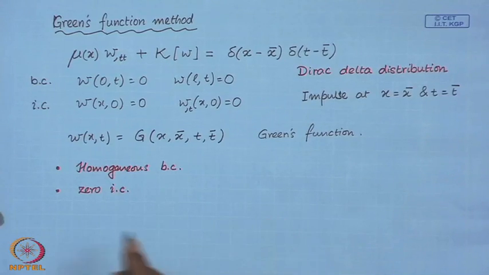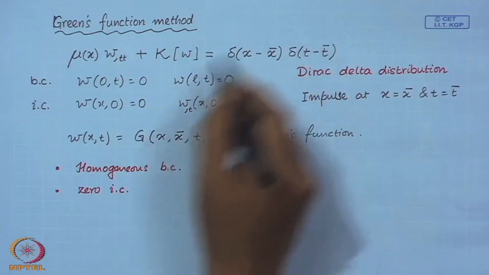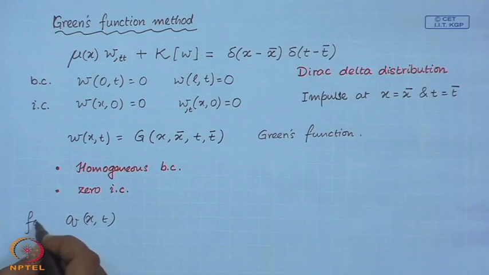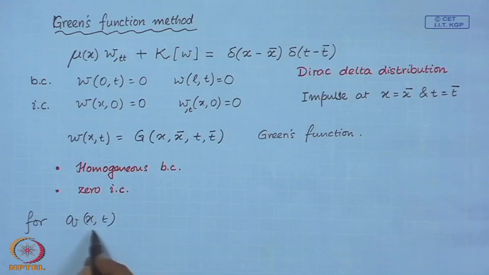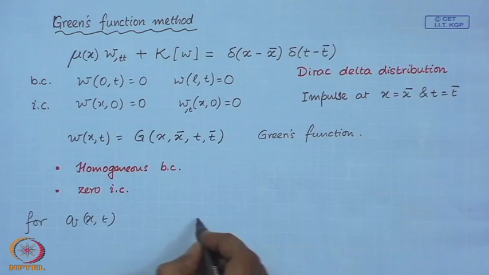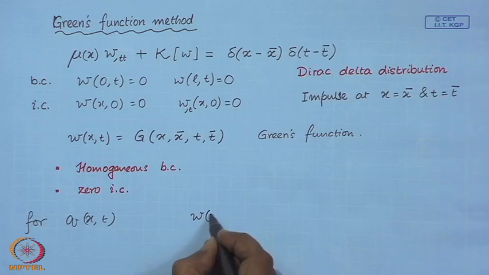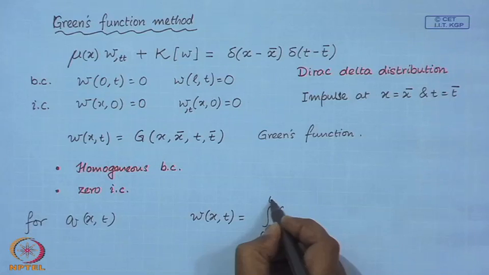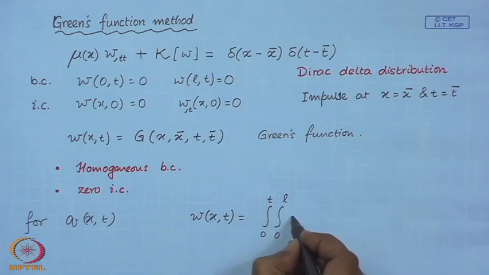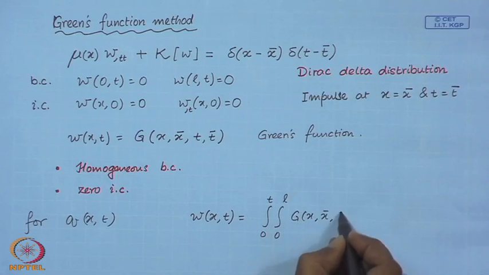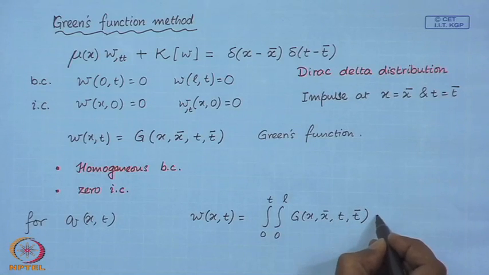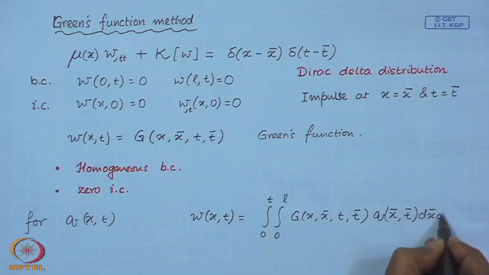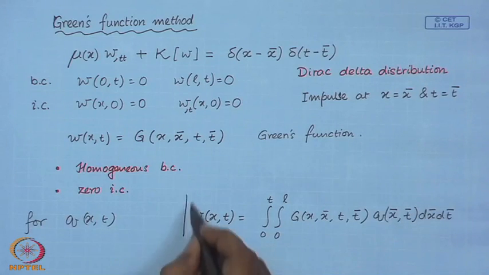We claim that for any arbitrary forcing, when we have forcing in the form of q x comma t, a general forcing, then the solution actually can be obtained in this form.